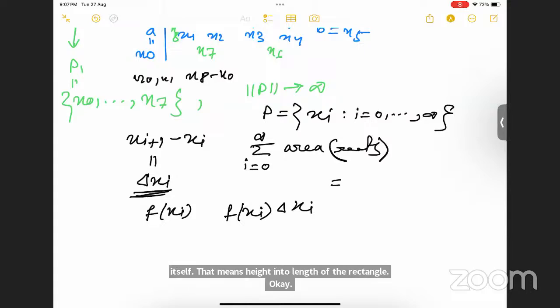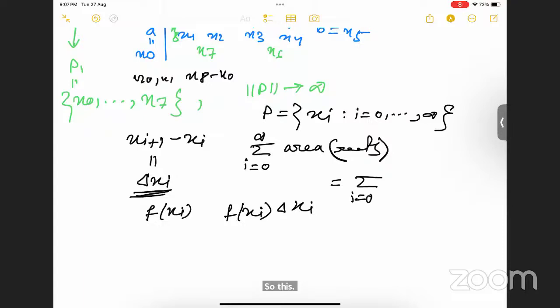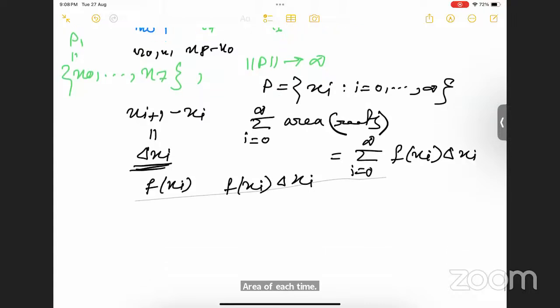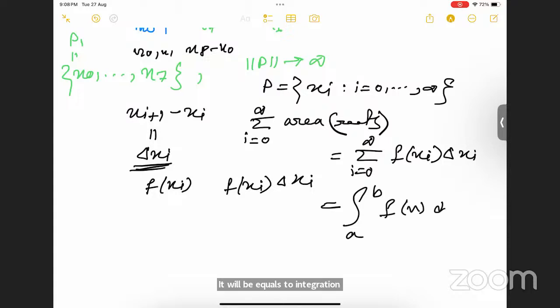So this will become the sum, i equals 0 to infinity, of the area of each rectangle. And we know that it will be equal to the integration from a to b of f of x dx.